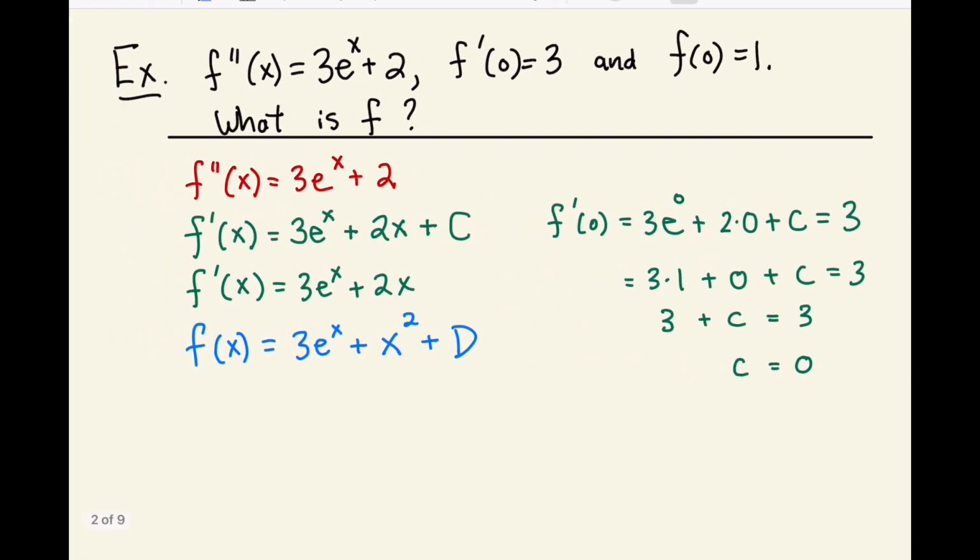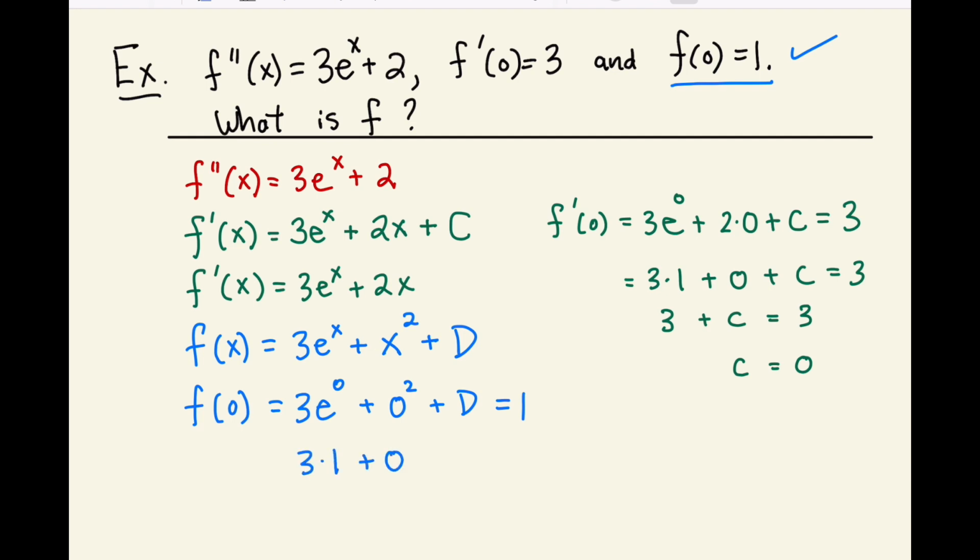And I'm going to now use the fact that f of 0 is 1 to allow me to figure out what d is. So we have f of 0 is equal to 3e to the 0 plus 0 squared plus d, and this should be equal to 1. So solving this, we get 3 times 1 plus 0 plus d is equal to 1.